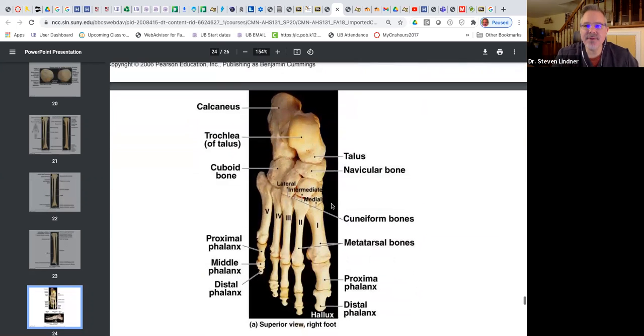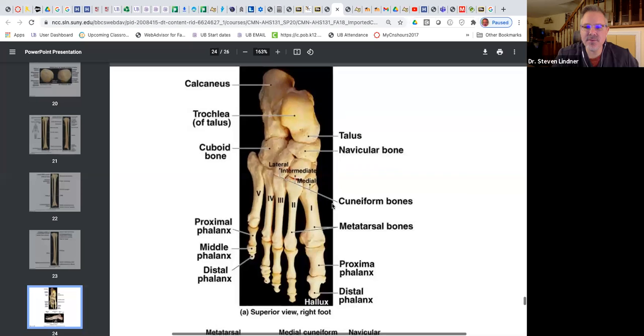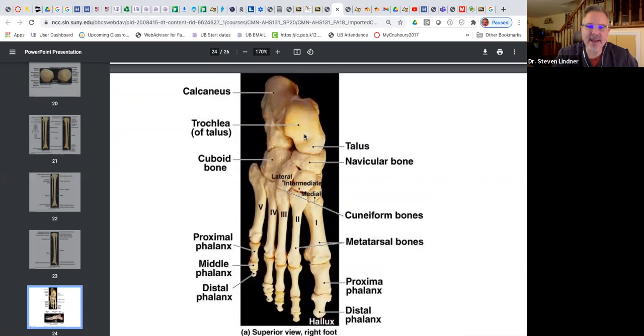When we look at the foot from the bird's eye view, from superior looking down, here's the most superior bone, called the talus. Now there are 7 tarsal bones. In the hand, there were 8 carpals, and we learned 2 rows, proximal row and distal row.